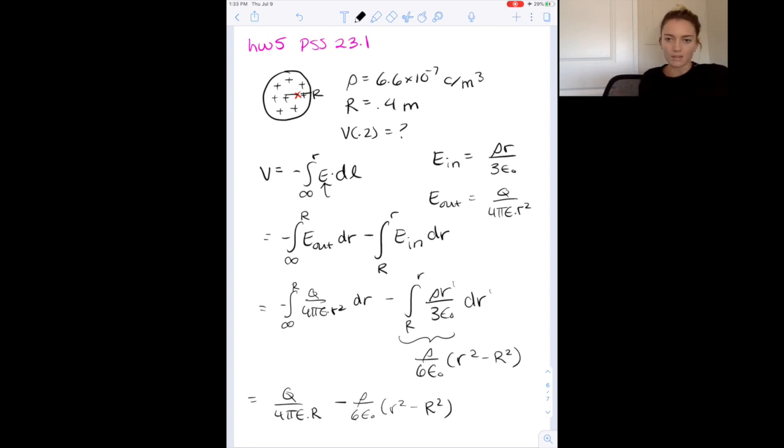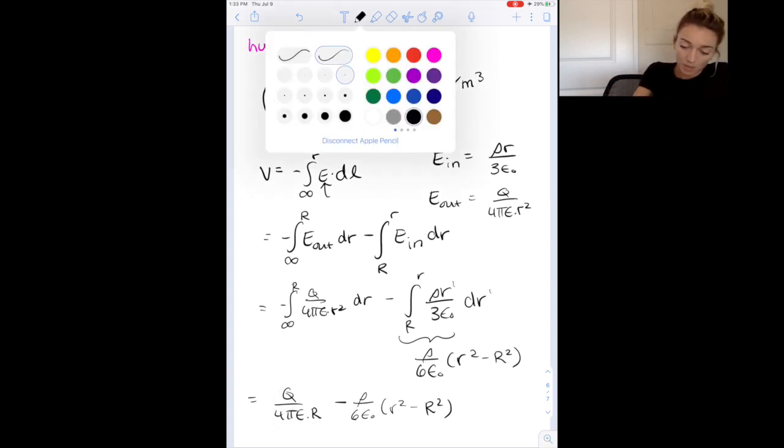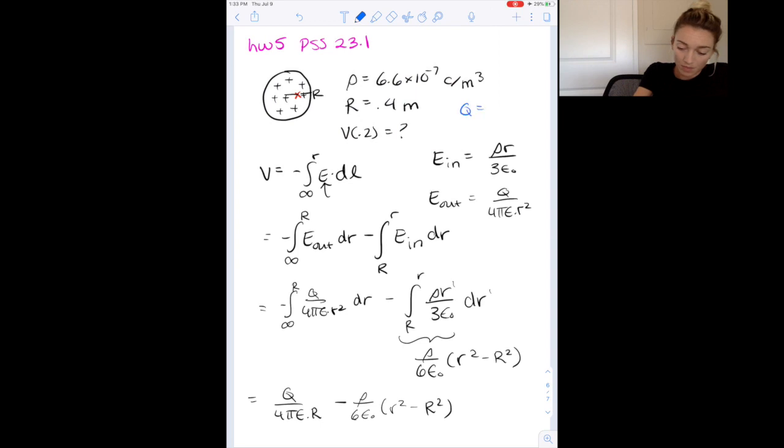Obviously the numbers in Mastering Physics are different, so just plug in whatever numbers you have into this, whatever Q you're given. You'll actually have to find the total charge, right, by multiplying rho times the volume. So you'll have to find the total charge, plug that in here. Your capital R is the radius of the sphere.